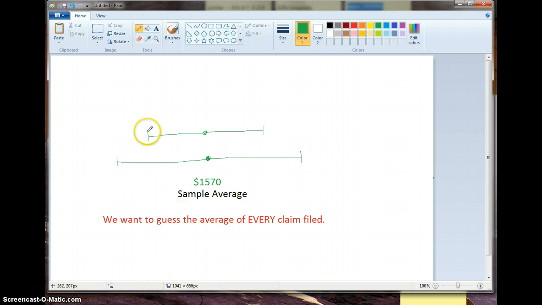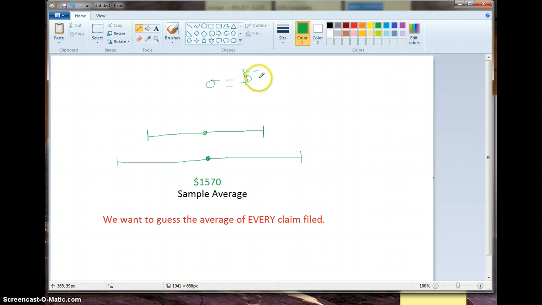So the way we actually figure out how large these intervals are going to be based on our confidence is we have to use some statistical formulas here. And notice that they told us what sigma was, or the standard deviation. And they said it's 250.